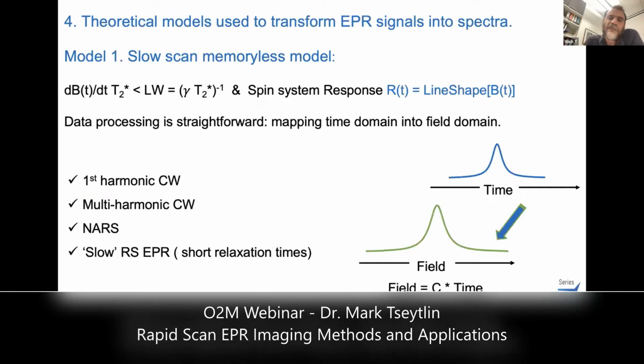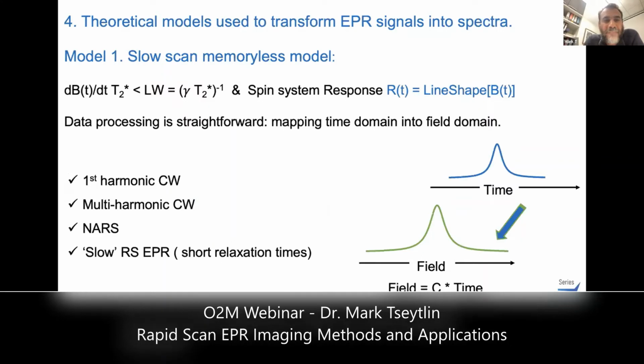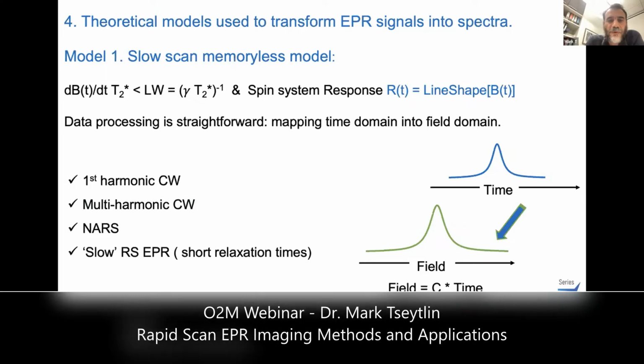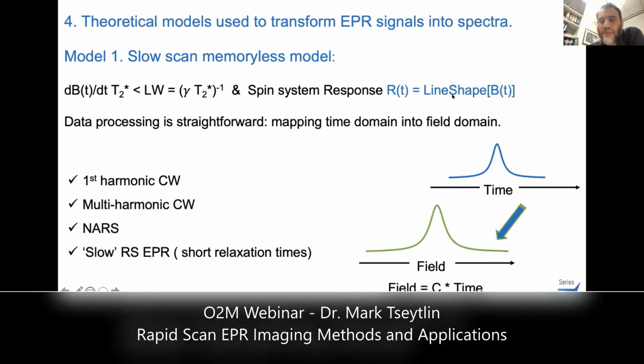Now it becomes a little more interesting, the theoretical model. Two models can be distinguished, and the first model will be called slow scan. It's a memoryless model. If you slowly move your resonance frequency or field through the EPR line, in a given moment of time, your signal will be essentially proportional to the intensity of the EPR line.